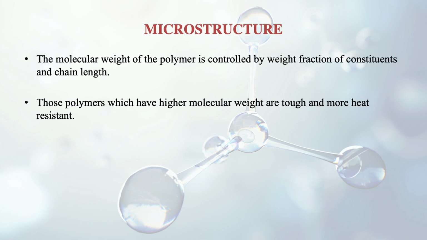So these are the two factors which control the molecular weight of the polymer. Those polymers which have higher molecular weight will be tough and more heat resistant. So they will be better if they have more molecular weight. Low density polymers will be soft and gummy. They will be like gum, they can stick.